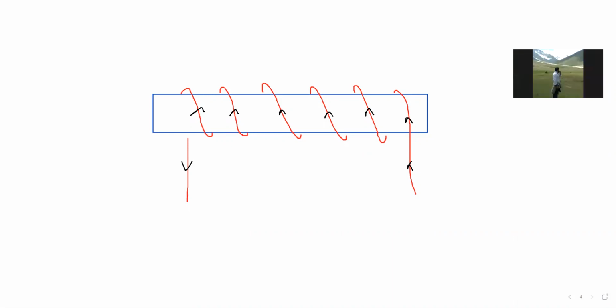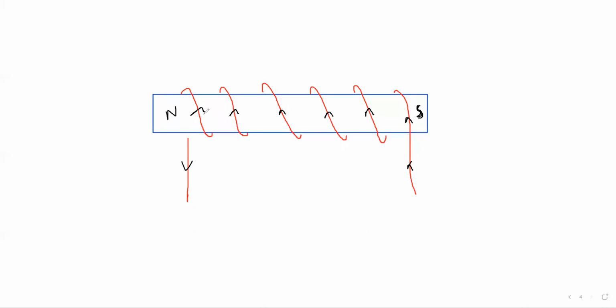So the north pole is on the left hand side and the south pole is on the right hand side. And the direction of the magnetic field is from north to south.